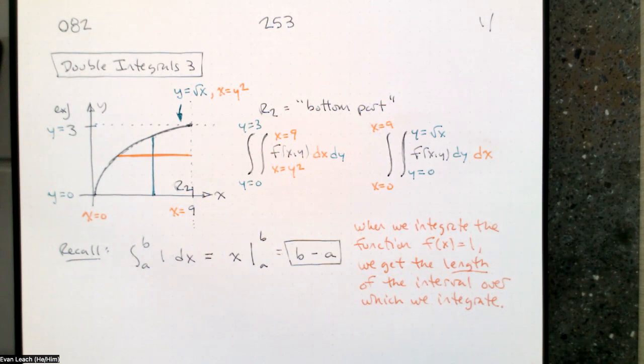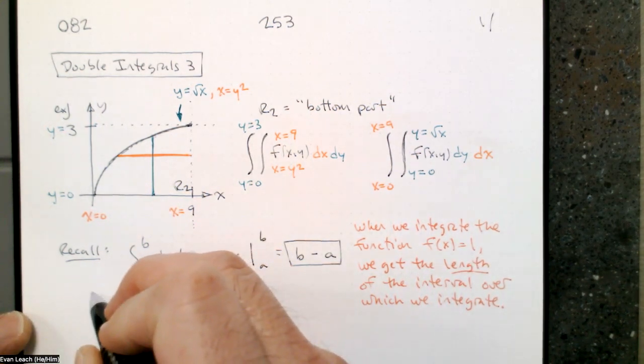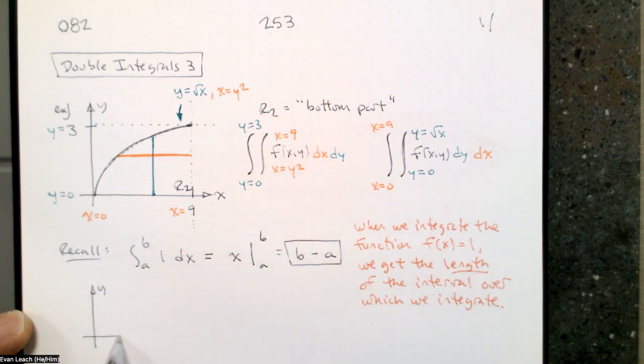This makes sense geometrically. Let's draw a picture of what's going on here. If I've got the interval from a to b, and I integrate the constant function 1, if our function is constant, then we're just finding the area of a rectangle.